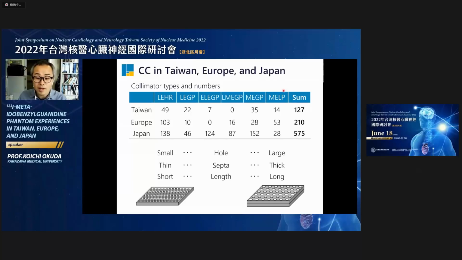Regarding the planar imaging condition, in Taiwanese and European studies, identical condition was used in all scans. However, various imaging conditions, acquisition durations, and pixel sizes were used in the Japanese study.